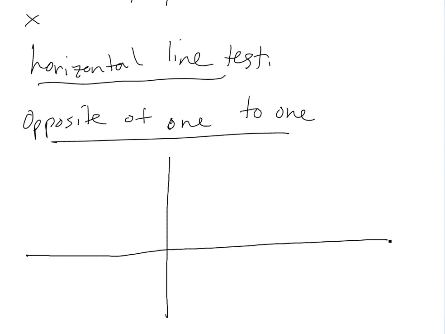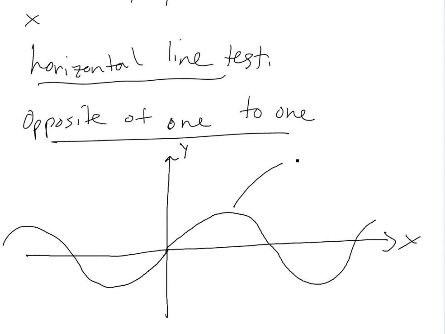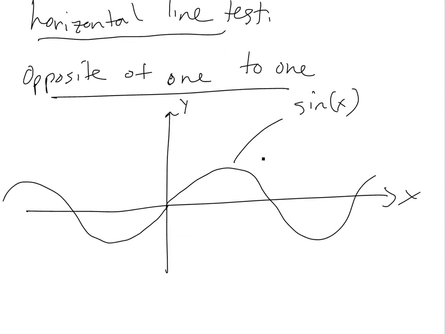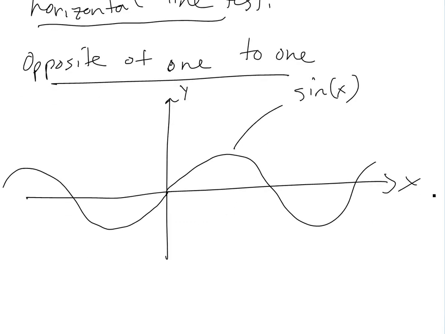This comes in handy when we look at, let's just draw a sine function. Let's call this sine of x. I have a video on how to graph them. It's periodic, so it goes up and down forever.